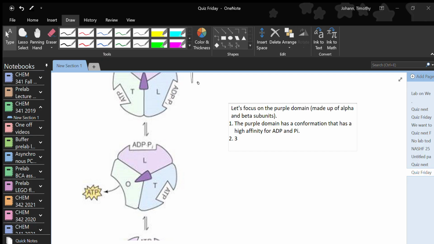protons. Yes, it is 3 protons. 3 protons pass through the C subunits. The gamma subunit turns 120 degrees.